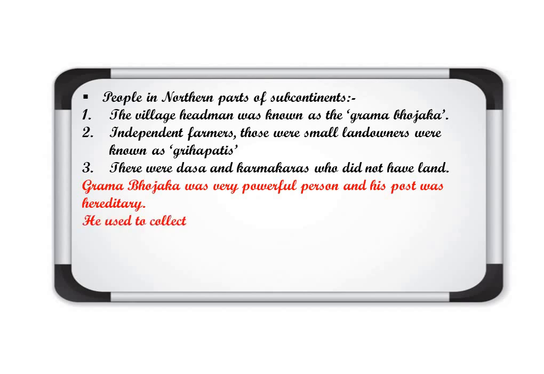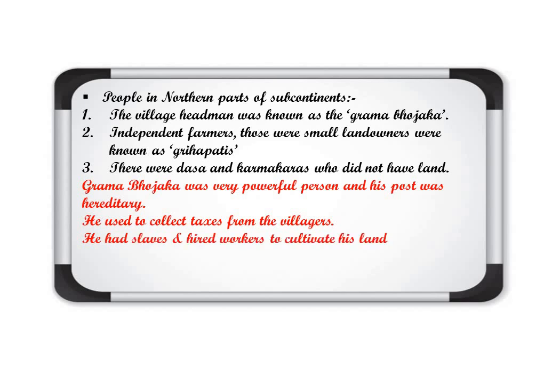Next, he used to collect taxes from the villagers. The first function of that Gram Bhojka was collecting the taxes from the villagers. Number 2, he had slaves and hired workers to cultivate his land. He was having different workers who were working on his land as laborers.